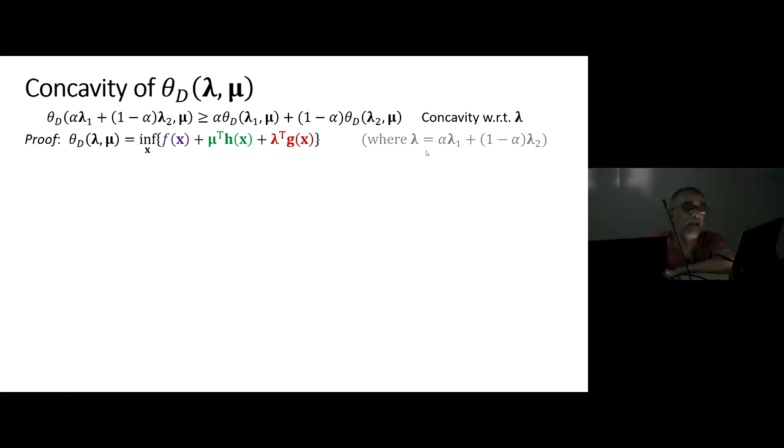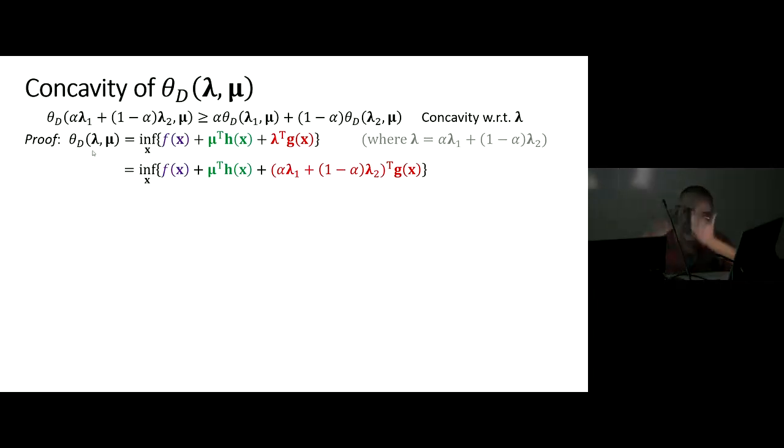So lambda is equal to alpha lambda 1 plus 1 minus alpha times lambda 2. Okay, so the left-hand side is equal to the infimum of this. Theta d is an infimum, right?